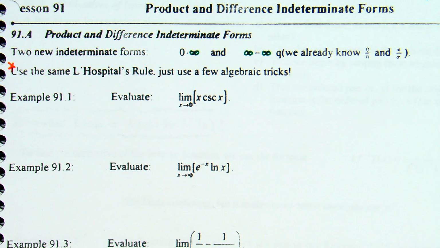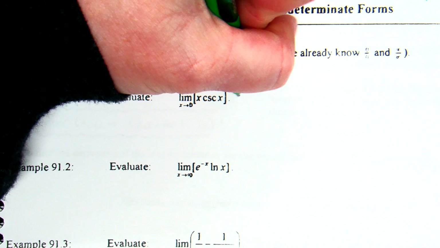Again, the idea here is 0 times infinity, indeterminate form. Now, we don't have a L'Hopital's rule that says what to do if they multiply. So, it talks about algebraic tricks. Our L'Hopital's rule has the limit in a fraction. Any thoughts about x times cosecant x as a fraction? x over sine x. Cosecant is the reciprocal of sine.